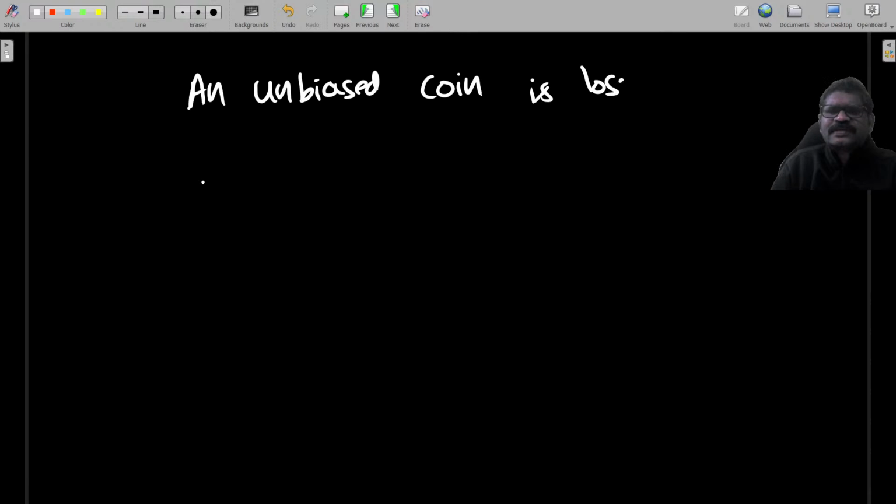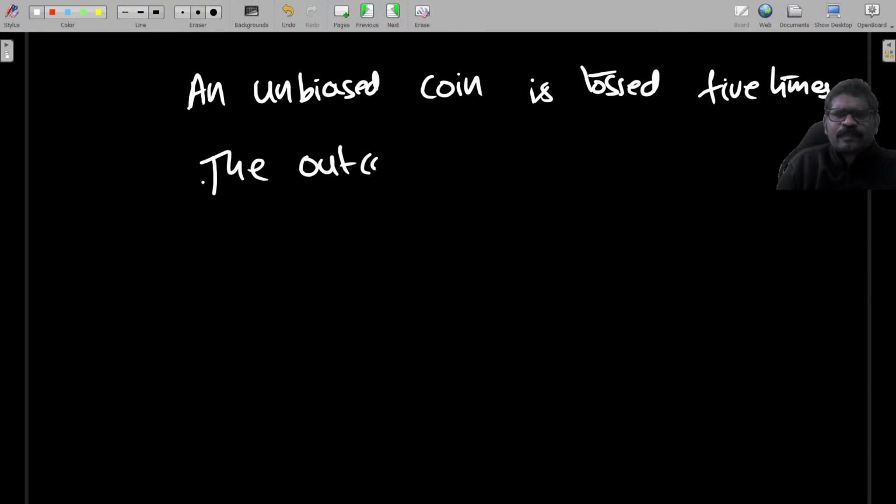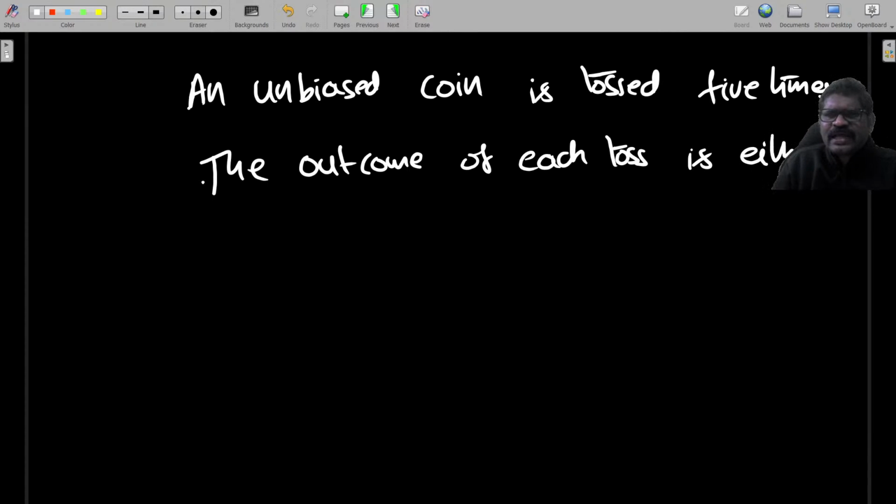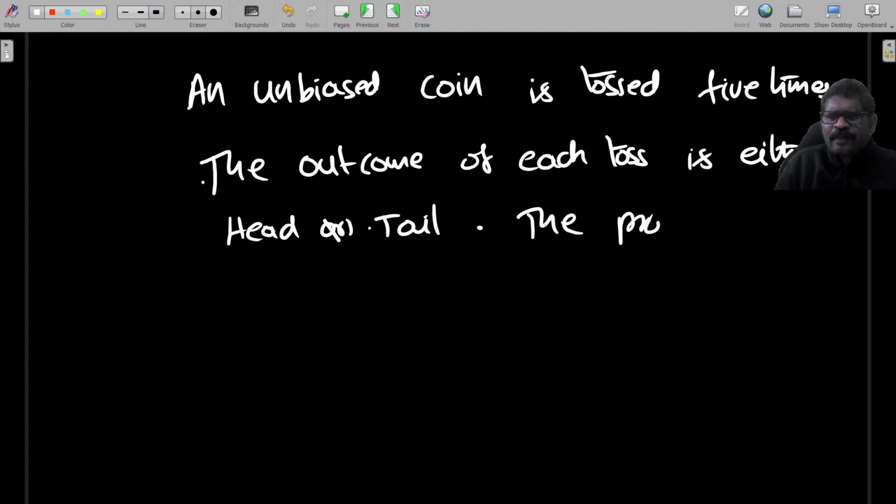An unbiased coin is tossed 5 times. The outcome of each toss is either head or tail.